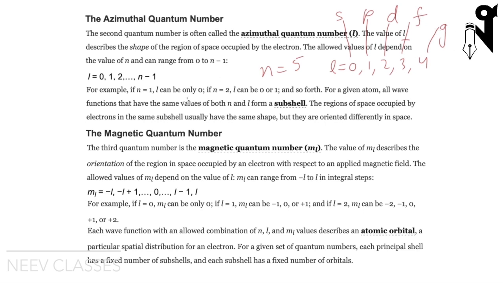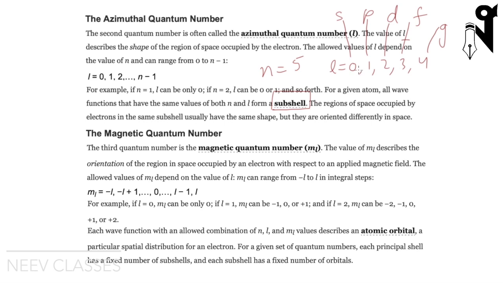Now, what are these called? These are called subshells. These s, p, d, f are called subshells. Subshells are having further divisions, and those are called orbitals. A certain subshell has got orbitals, and we have discussed that in the live class earlier, right? So we don't have to emphasize that.